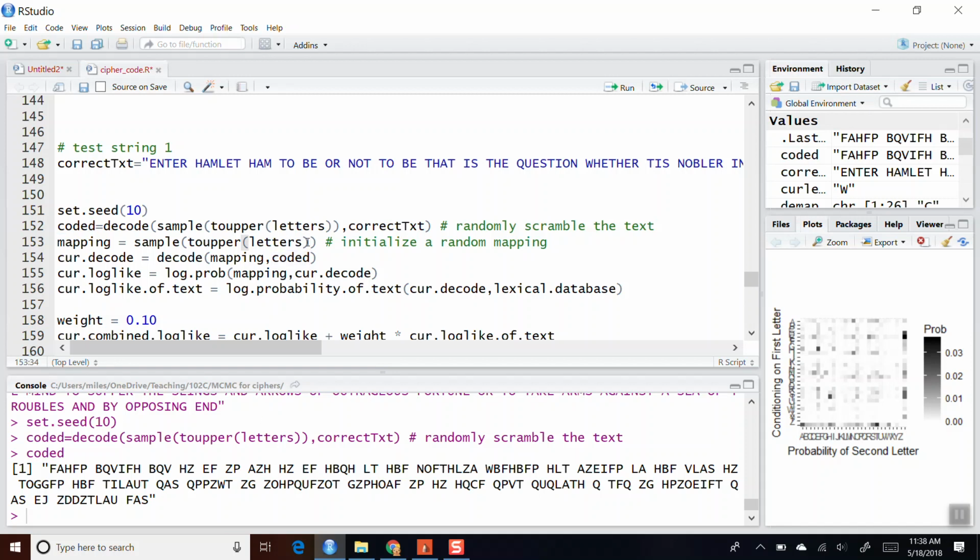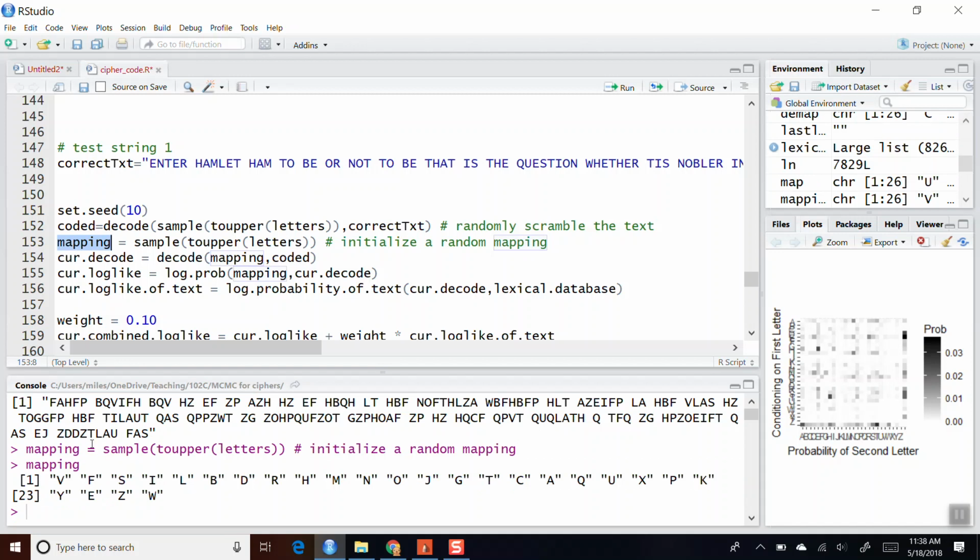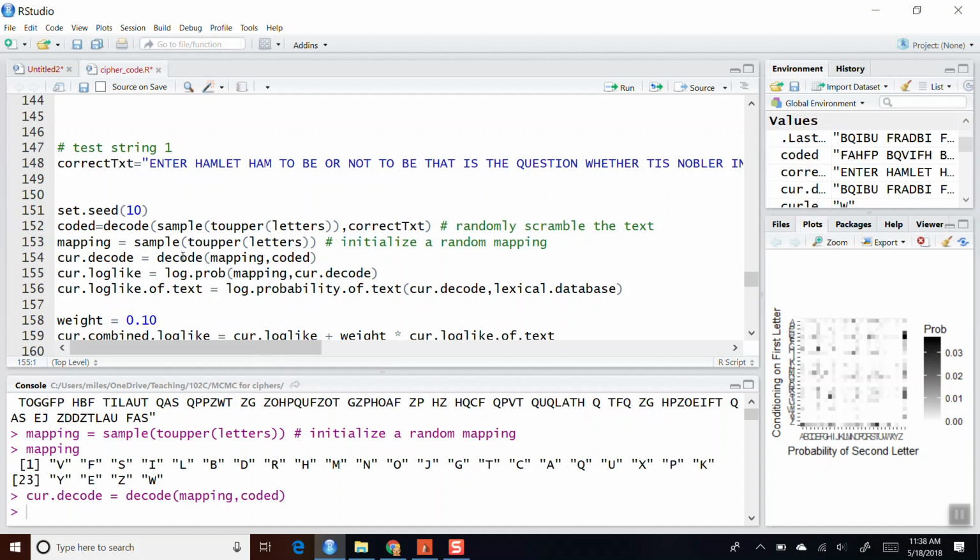So maybe we'll have a random mapping. The random mapping says, all right, let's map the letter A to V, B to F, the letter C to S, and stuff like that. Let's apply that to our coded text.